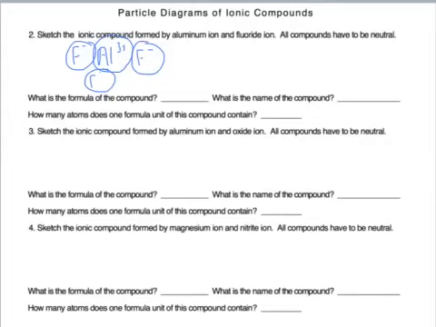What's the formula of the compound? That would be AlF3. Remember, the positive or the metal always goes first, then the nonmetal. What's the name of the compound? So since it's ionic, you name the first element, so aluminum. Name the second element with -ide, fluoride, and then you just leave it as is.